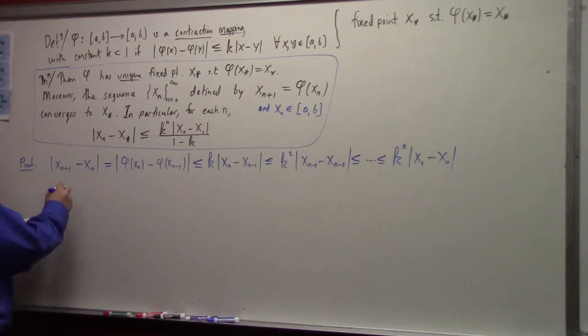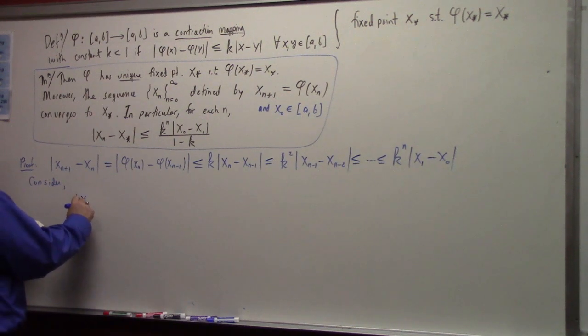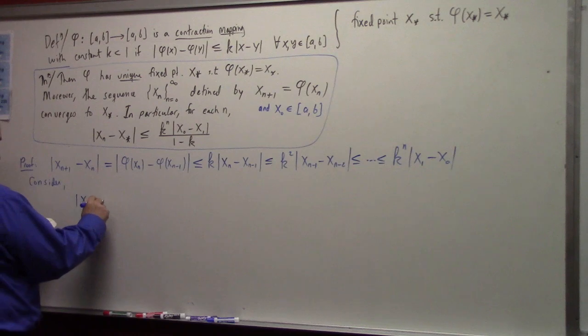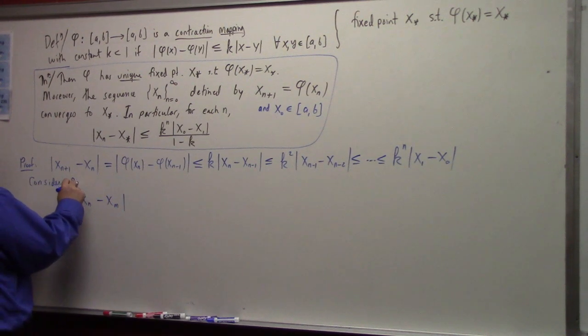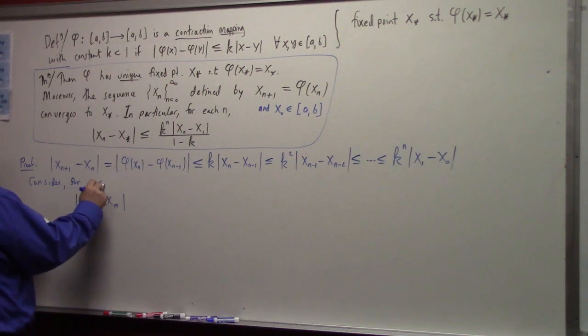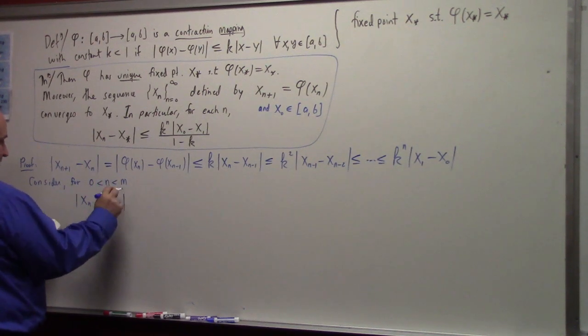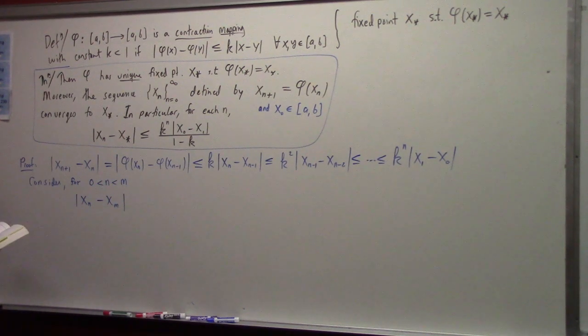All right, so then consider, if we look at xn minus xm, and we're going to assume 0 less than m less than n. All right, so we're looking at kind of a Cauchy condition here, right? We're looking at the difference between points that are sufficiently far out in the sequence, right?